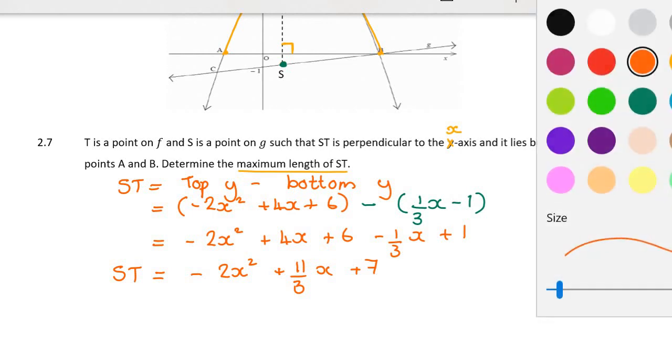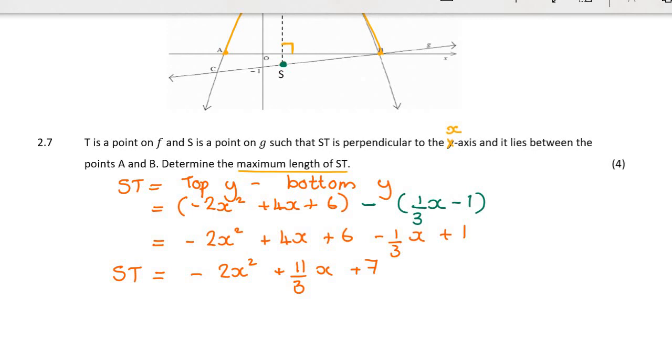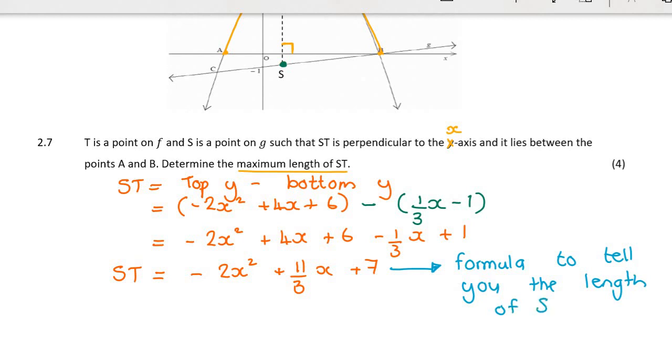Now this is the most difficult thing to understand. This is a formula that tells you the length of ST. Now, if you look at this formula, it actually represents a parabola. So if you plotted the length of ST, it would be like a parabola.